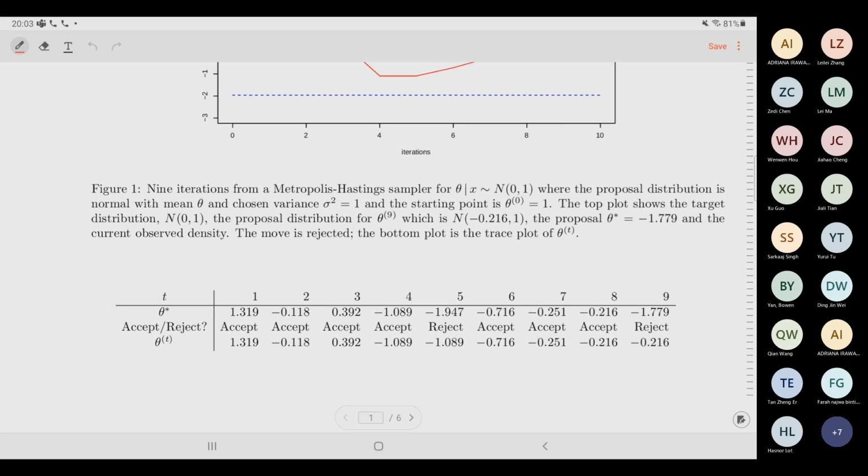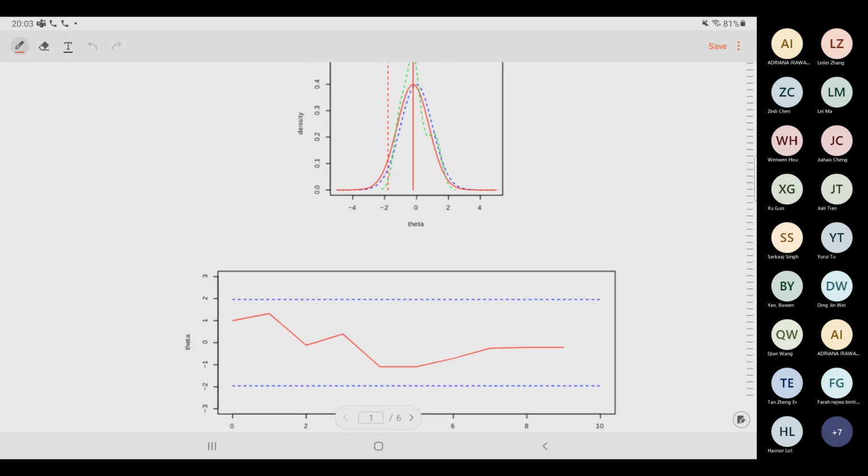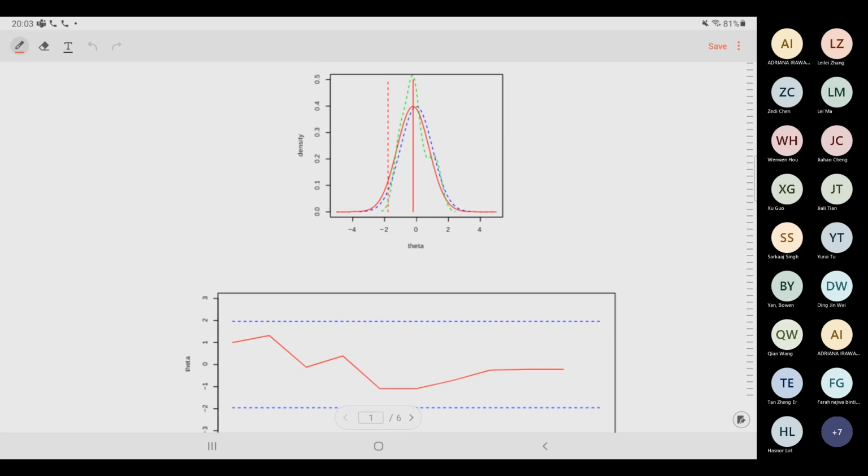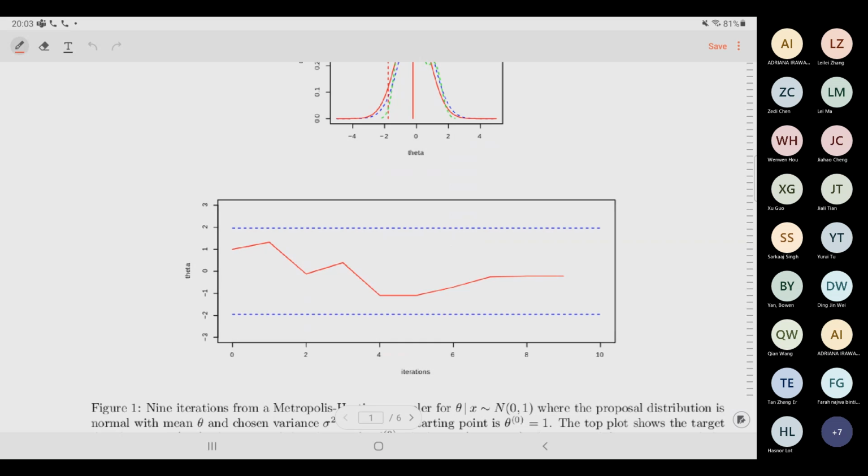So this is just an example of the actual density, and then the proposal density that you propose from the current value, and then you propose to move to a different x.